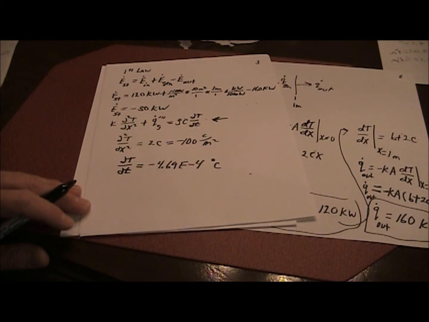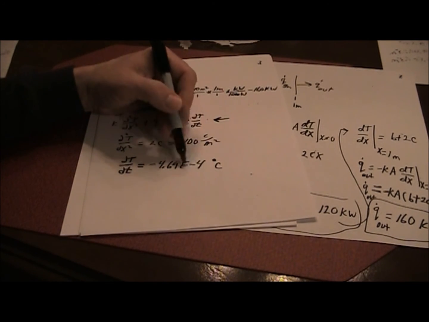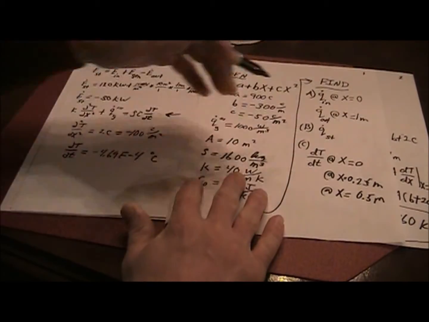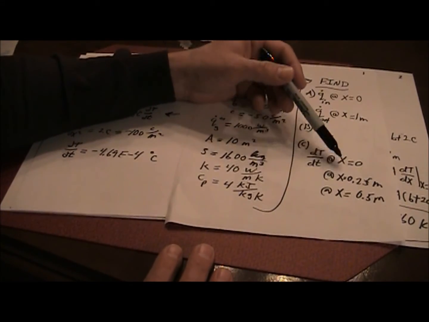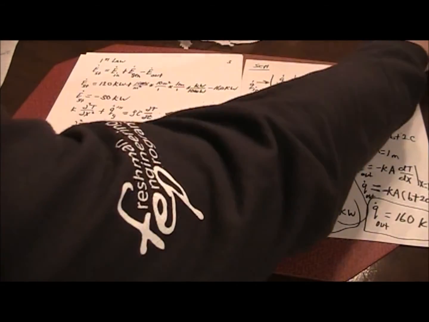Okay? So what this means is that the change in temperature with time is a constant. And notice it's not a function of x. So it doesn't matter what the location is. So at x equal 0.25 or x equal 0.5 meters, you'll get the same thing. Okay?